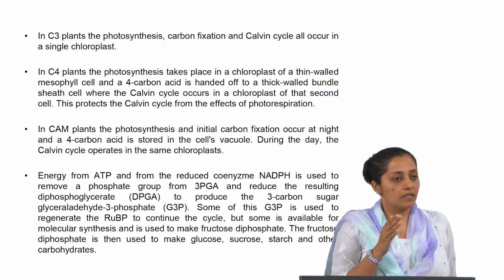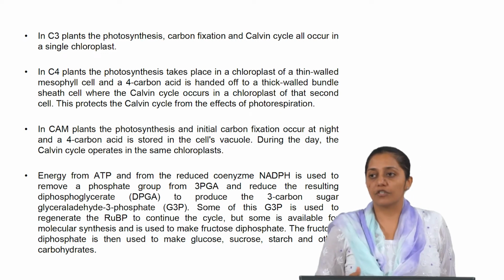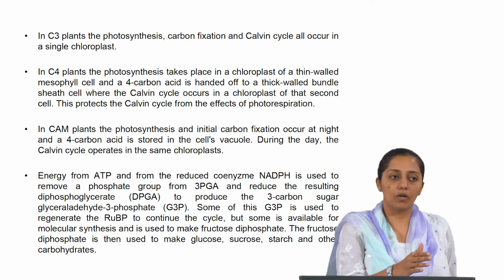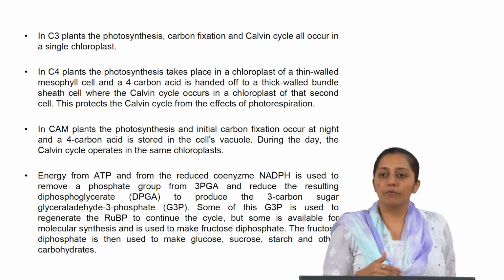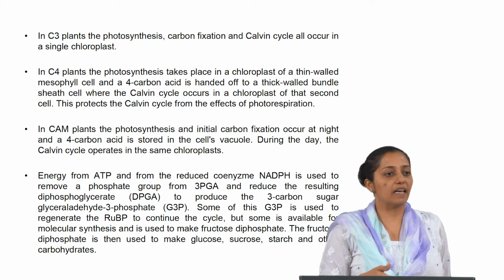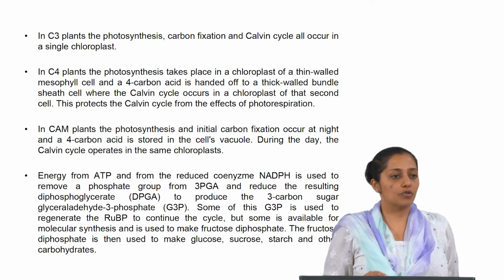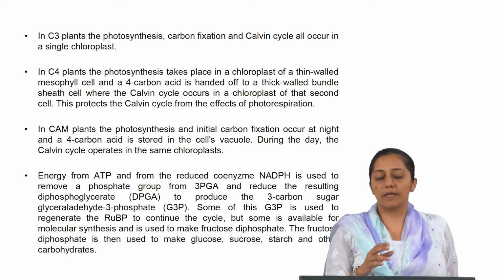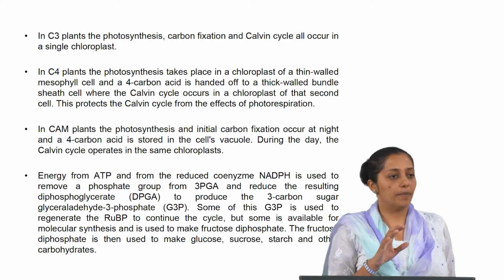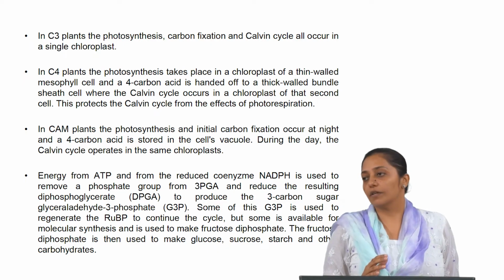So the cell drives certain reactions to convert this toxic molecule into a number of molecules like glycine, and then glycine gets converted to serine, and then serine gives rise to many other molecules. All these reactions take place using organelles, peroxisome and mitochondria.